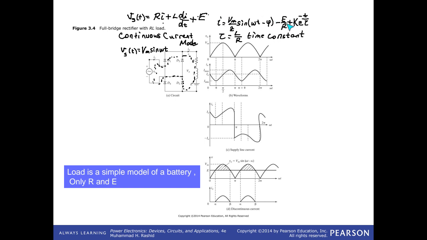Now, in order to solve those, if it is a continuous current mode, at time equals 0, I'm going to put time equals 0 here. For continuous current mode, omega t is equal to 0, then current is equal to IO. If I put IO here, I will obtain the current equation.